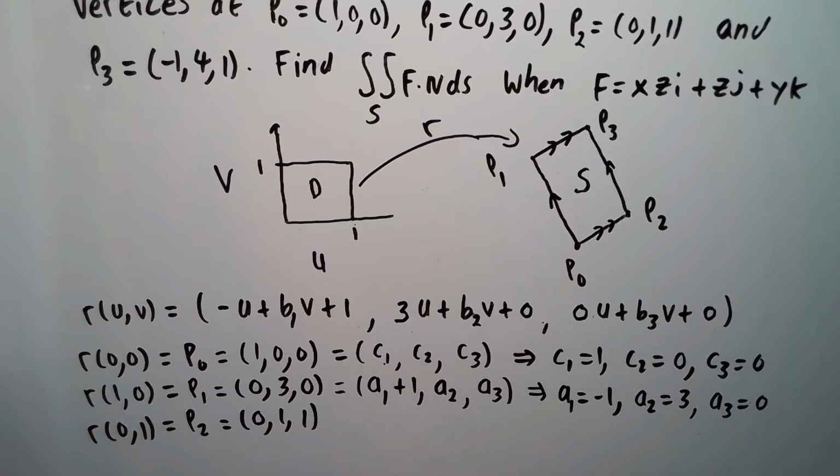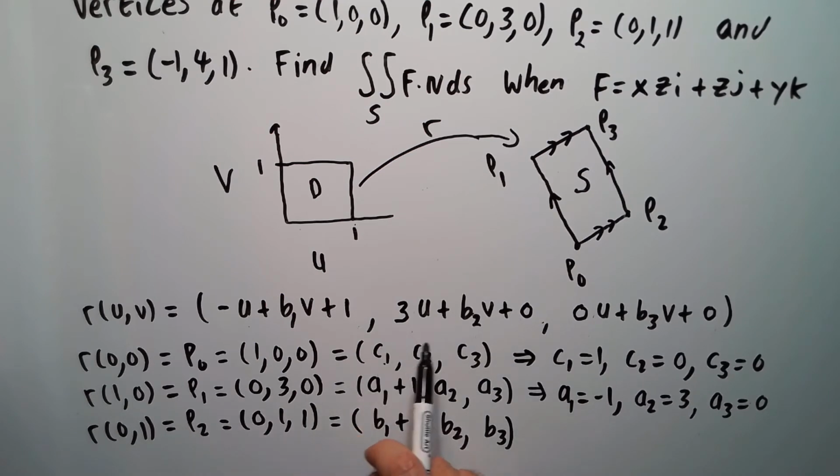Okay, so I've made the substitutions, and for our last one we have R(0, 1) equals P2, and P2 is (0, 1, 1). So we're going to put 0 in place of u and 1 in place of v all the way across. Doing that, we get B1 plus 1, because with 0 in place of u and 1 in place of v you have a B1 left there plus 1.